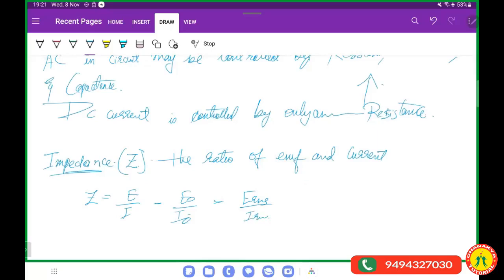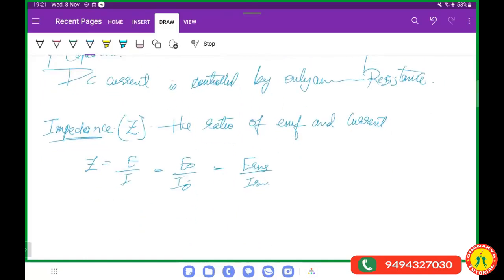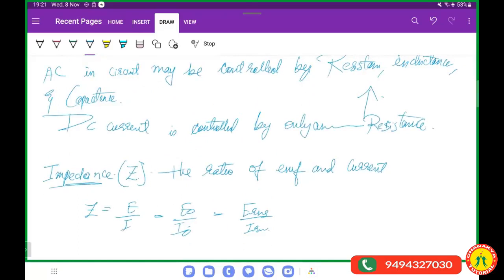It won't make a difference because it's a ratio only. If you divide by root 2, you'll get the same. If you don't divide by root 2, still the same. So overall, we can say impedance is the resistance offered by capacitance or inductance.